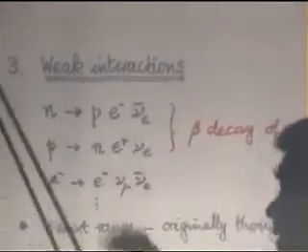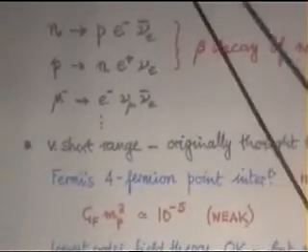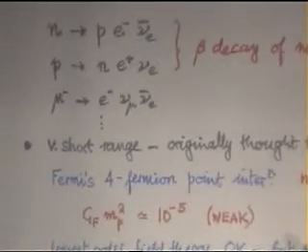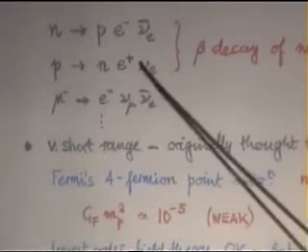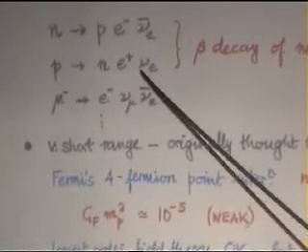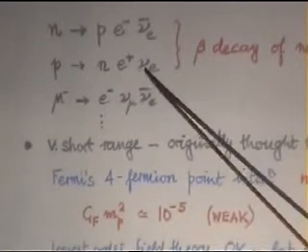But it had a spread of energies, and Pauli introduced another particle to account for that spread. So this is way back, even in 1930, that this was hypothesized as the basis of beta decay.